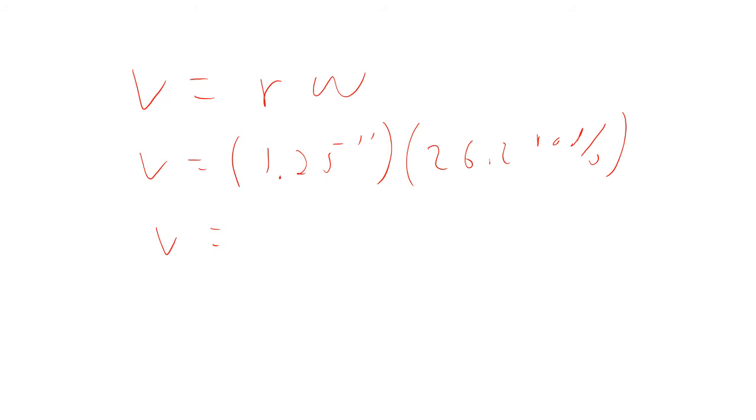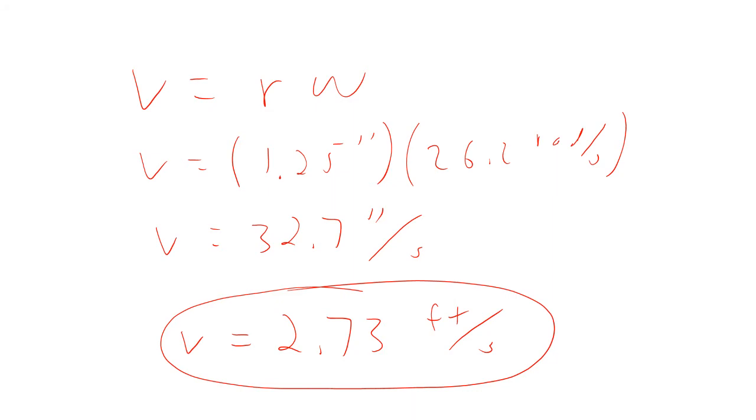That comes out to be 32.7 inches per second. Now, normally you don't do inches per second, we normally do feet per second. So if you divide by 12 inches per foot, this comes out to be 2.73 feet per second. That would be the linear speed of that chain.